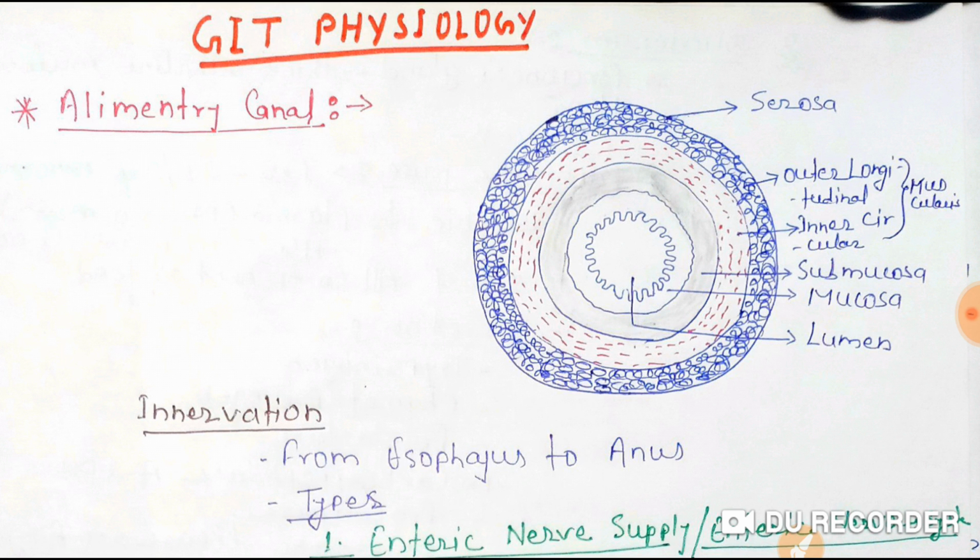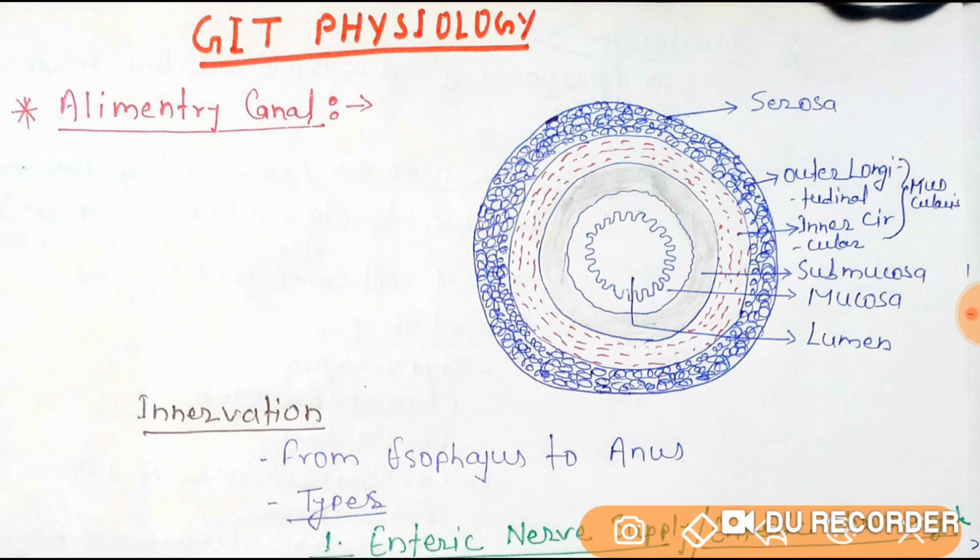Alimentary canal. The cross section of the alimentary canal is shown in the diagram. This is the diagrammatic representation of the cross section of the alimentary canal. Here I am showing the outermost layer, which is the serosa.